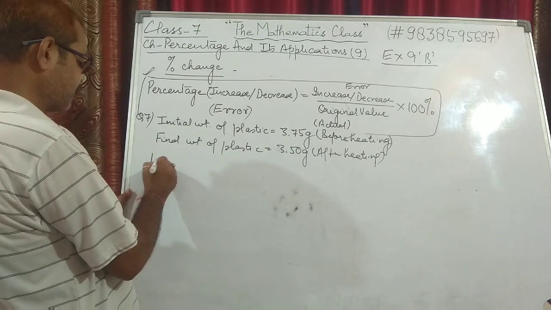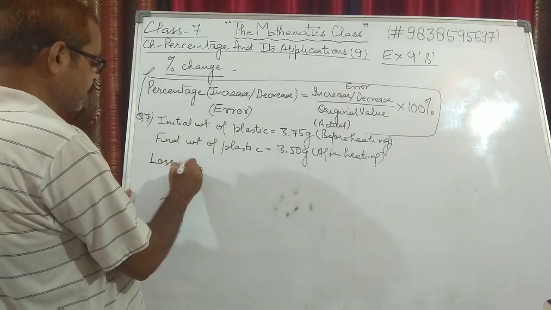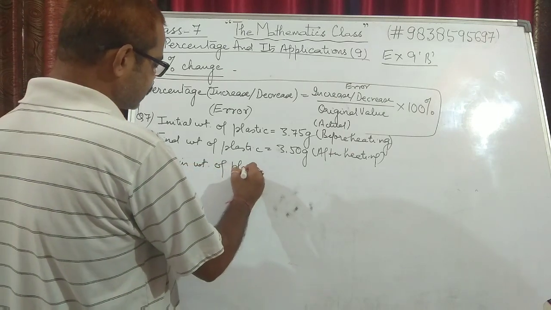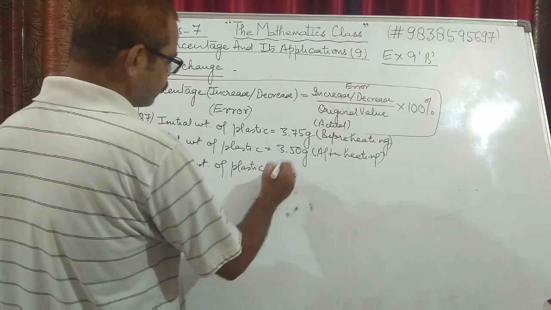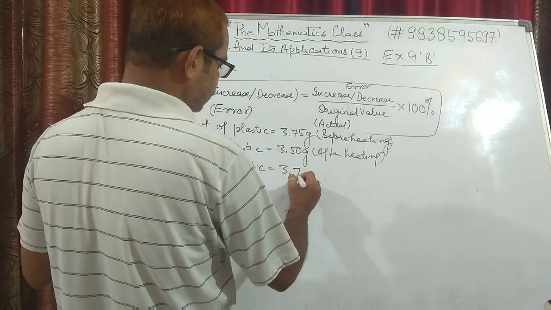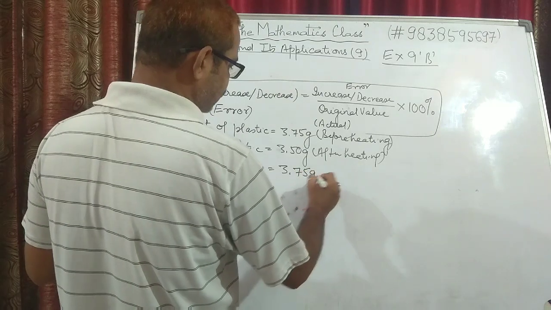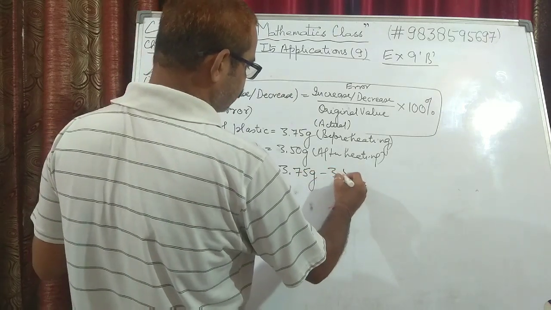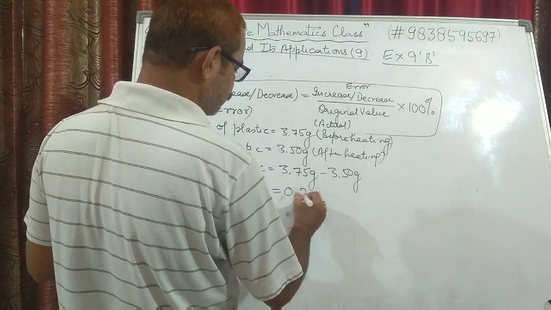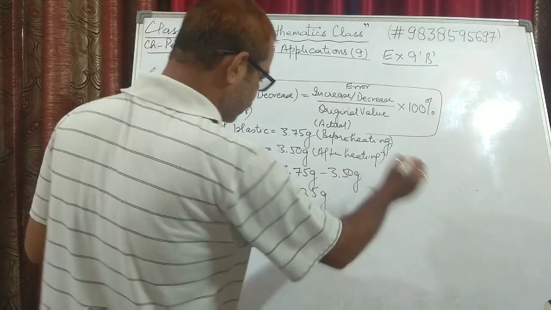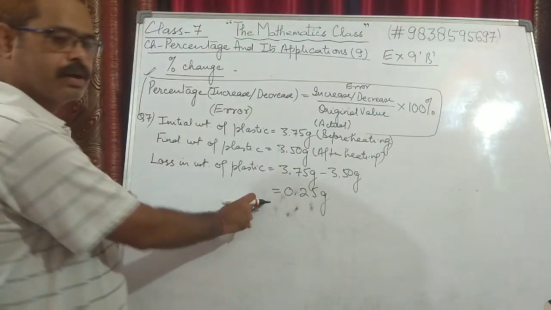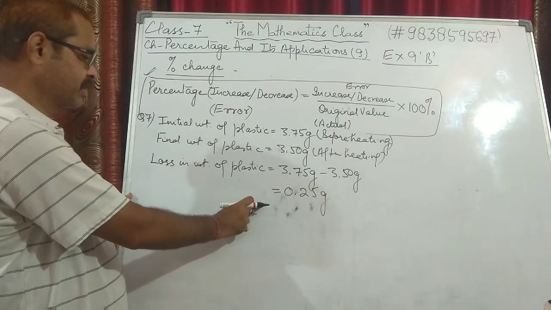So we can say the loss in weight of plastic after heating will be the initial weight 3.75 minus the final weight 3.50 grams, that will be 0.25 grams. This is the loss in weight in grams, but we have to convert it into a percentage.